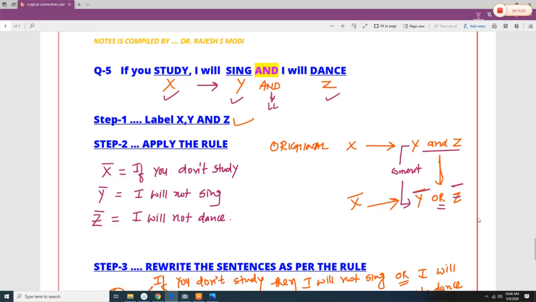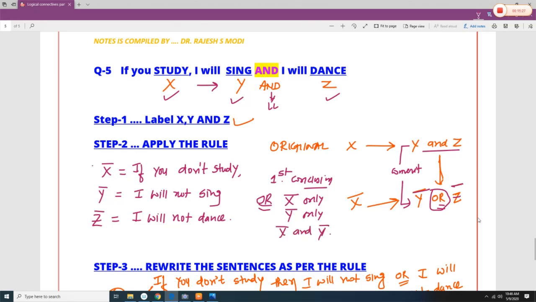When I put all these sentences together, that is our first conclusion. And look, here it is OR. When OR is there, then three possibilities are there: X bar only, Y bar only, X bar and Y bar.